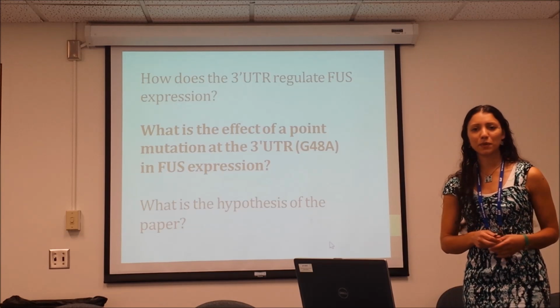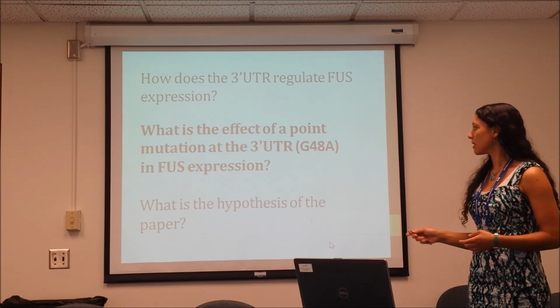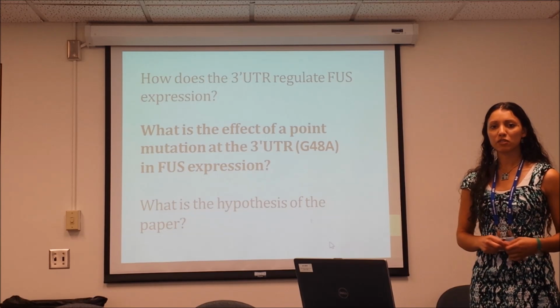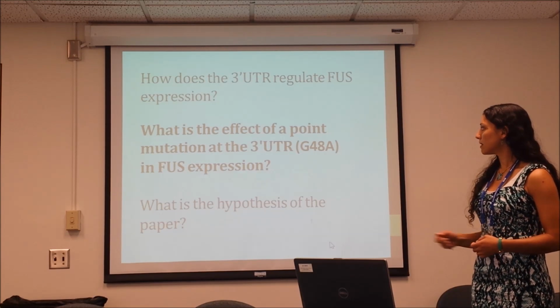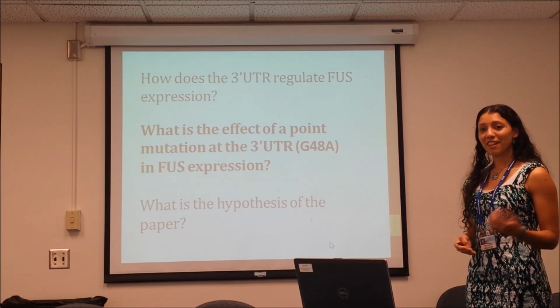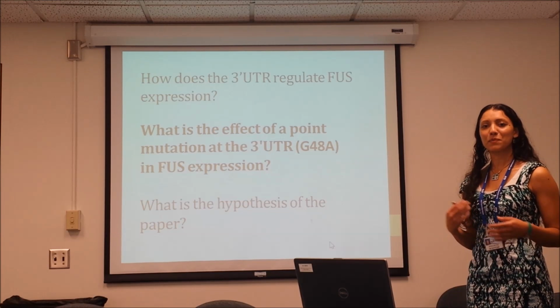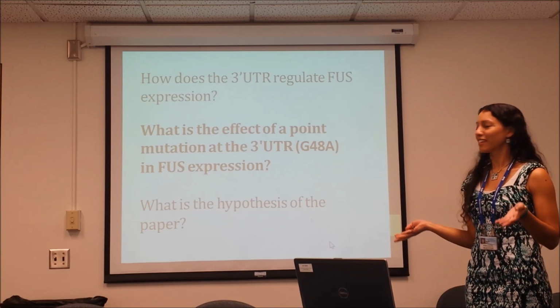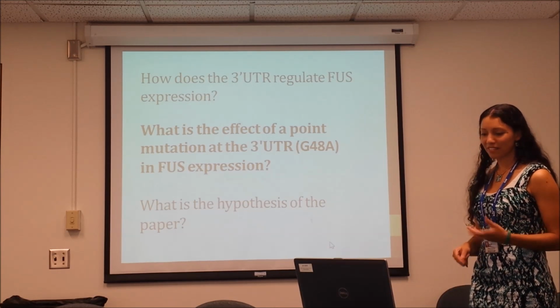Let's see the second question. It talks about the mutation at the 3' UTR. It's a change of the nucleotide G to an A at position 48. We discussed last week how a mutation in a region that does not encode for the protein can affect gene expression, and what happens in this paper.